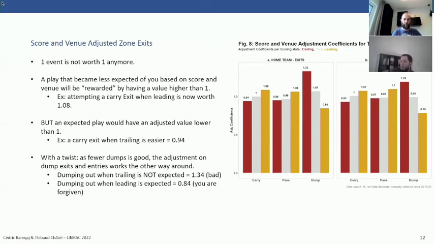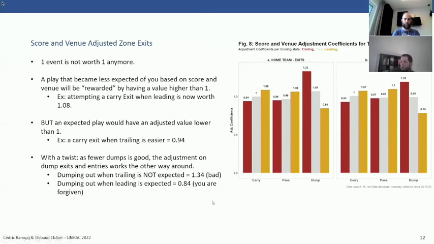As we expect more dumps in that context, a carry exit for the home team will now be worth 1.08. And on the contrary, a play that is more frequent or expected will have a value lower than one. A good example of that would be a carry exit when you are trailing. It will now be worth 0.94 instead of 1.